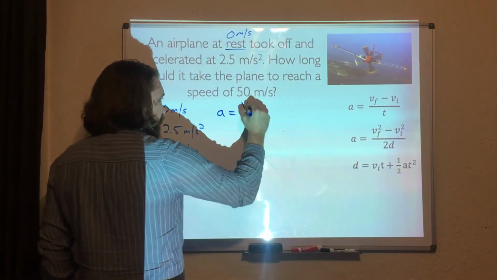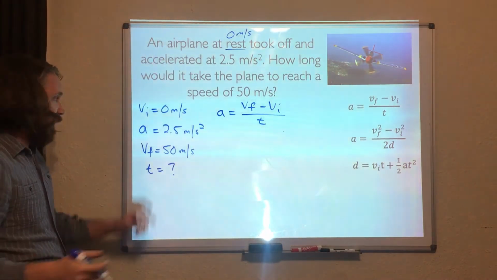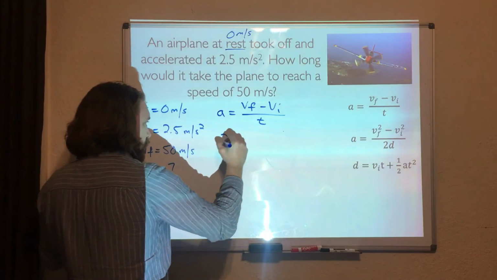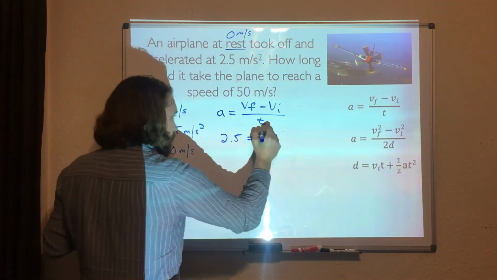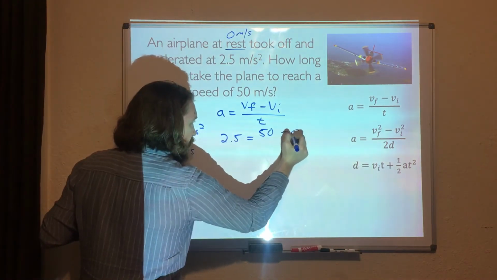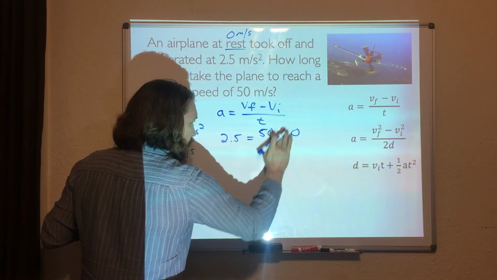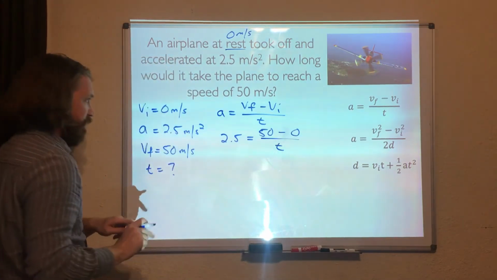Acceleration equals final velocity minus initial velocity divided by time. Plug my numbers in. Acceleration is 2.5. Final velocity is 50, and minus initial velocity, make sure it doesn't look weird, is 0, divided by t.